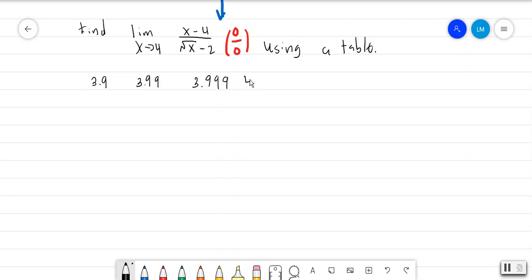Okay, so 4 is the one where it's technically undefined, because if you plug in 4, you get 0 over 0. So we have 4.001, and then 4.01.